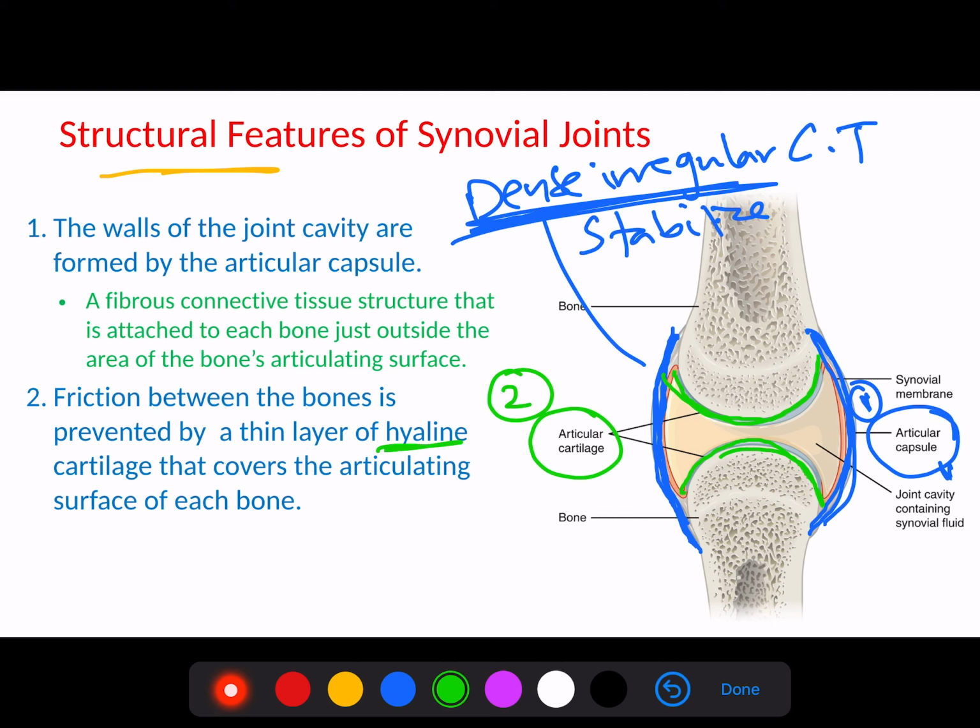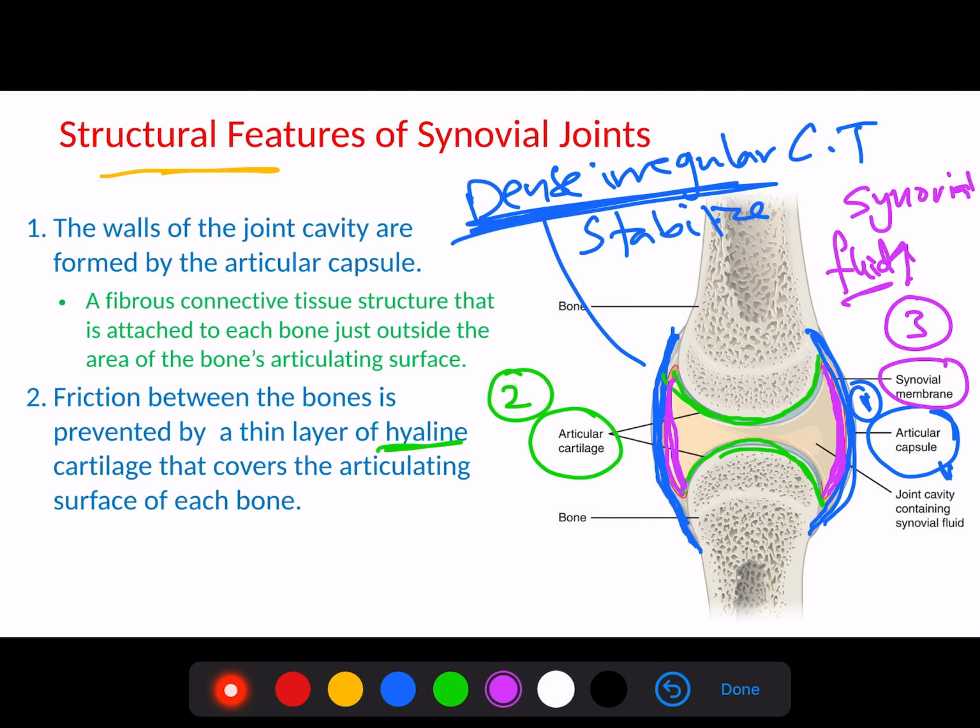The third feature is that the inner surface of the capsule is something called the synovial membrane. This synovial membrane is responsible for creating the synovial fluid that we talked about.